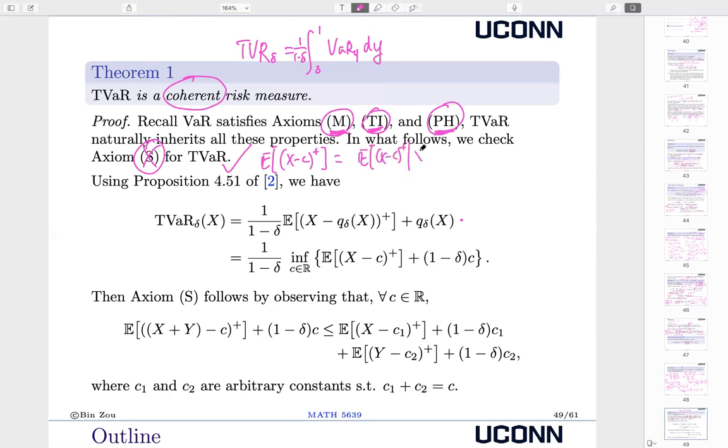I condition on X bigger than c, and then I multiply by the probability that X is greater than c. Then my next condition is, as you probably have already guessed, X less than or equal to c. Then I multiply by the probability that X is less than or equal to c. Okay. This is very nice because I already know the result for the second one. I'm taking expectation for the positive part, and if X is less than or equal to c, this is 0. So the whole thing is 0.